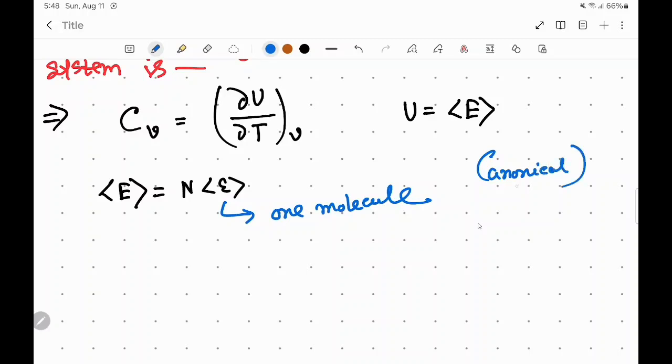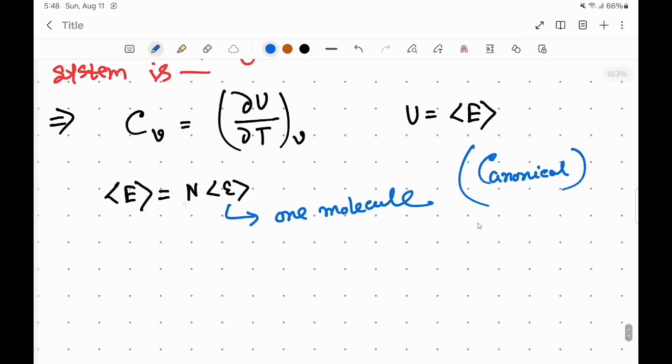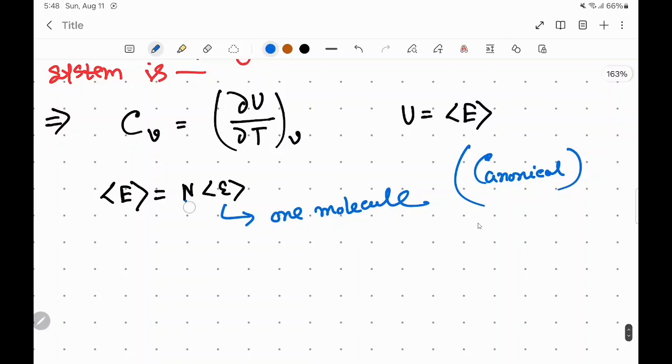Generally we use this, but it is valid for the canonical partition function, where we just multiply by N. For grand canonical, N is not fixed, N is also changing, so you have to consider both.